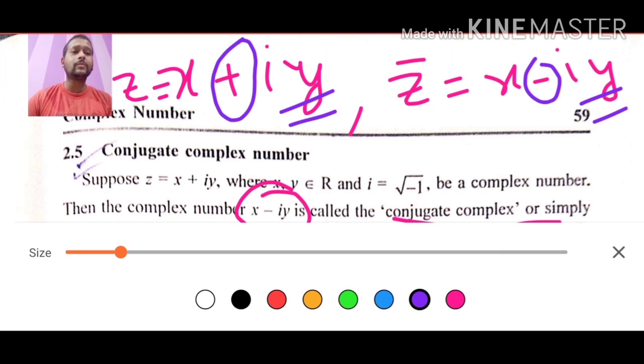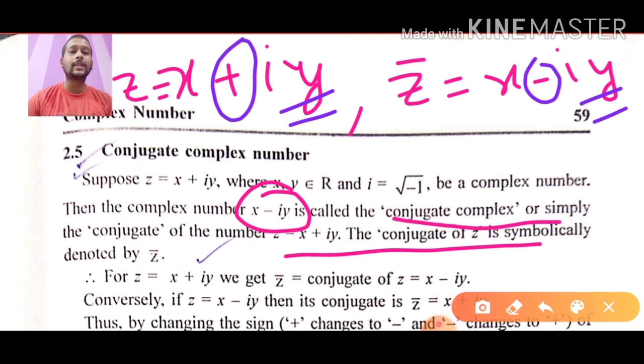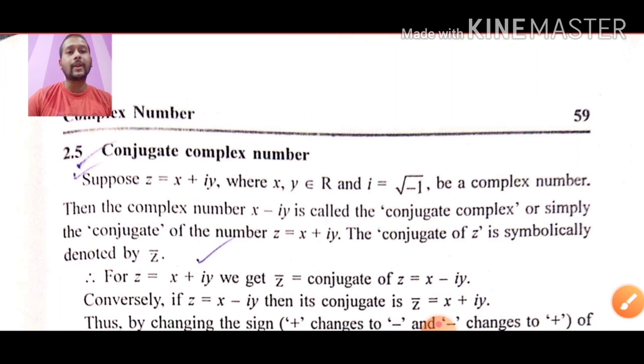Why conjugate? Because while rationalizing, when we multiply the two, like conjugates, we will get a real number actually. That is why we use the term conjugate here. So we know why it is conjugate.